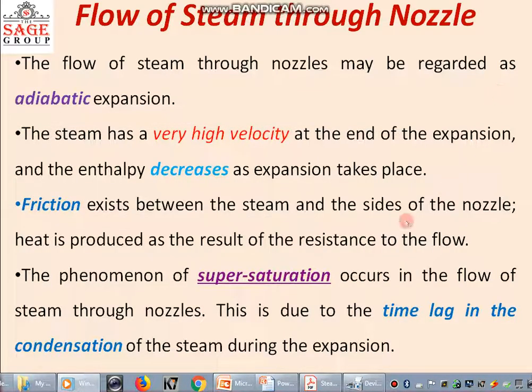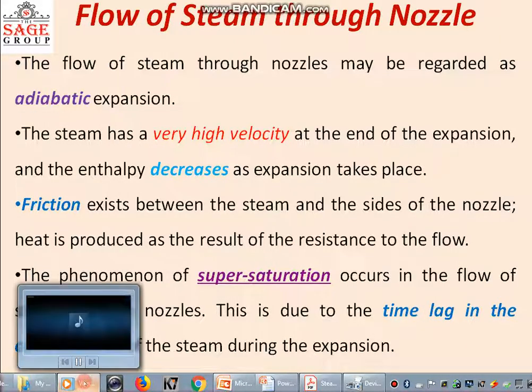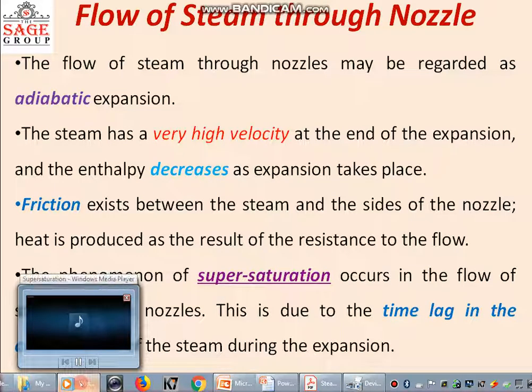In supersaturation, as steam expands in the nozzle, its pressure and temperature drop, and it is expected that the steam starts condensing when it strikes the saturation line, but this is not always the case. Owing to the high velocities, the residence time of the steam in the nozzle is small, and there may not be sufficient time for the necessary heat transfer and the formation of liquid droplets.